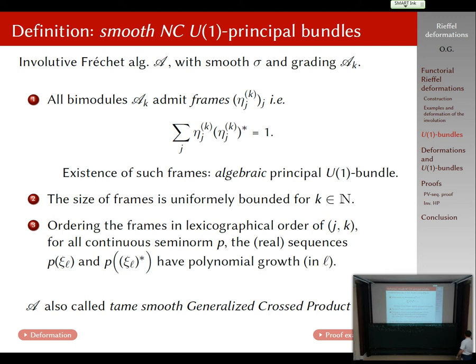And so it's linked to the condition when you have a Hopf-Galois extension.